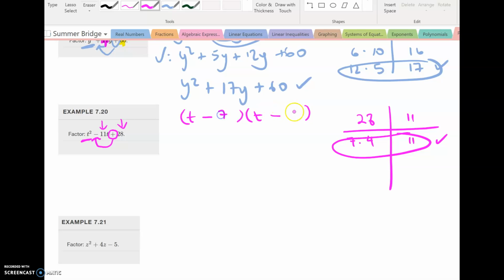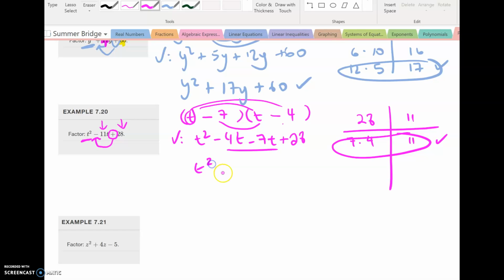So 7 and 4, which means, again, if I wanted to check, t times t is t squared, t times negative 4 is negative 4t, negative 7 times t is negative 7t, negative 7 times negative 4 is a positive 28. Combine my like terms, t squared minus 11t plus 28, which is what I wanted. Okay, so you see how nicely that worked out for us.